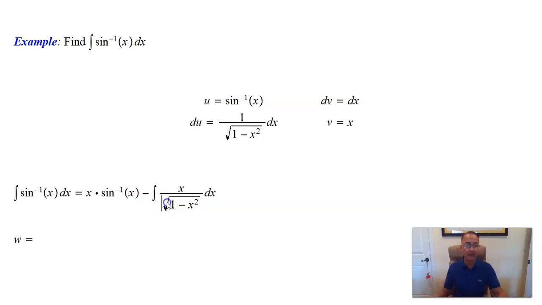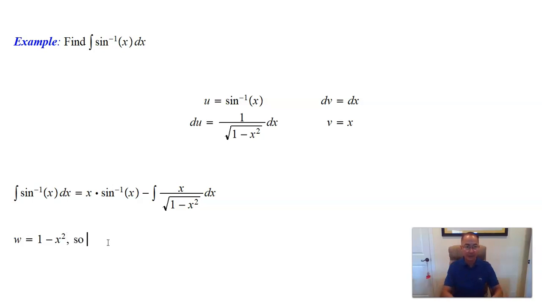We can take the whole thing, square root of 1 minus x squared as our w, or just what is inside, 1 minus x squared. Now remember, our next step is going to be what is dw, and is it going to help us? Well, if we have the square root, the dw will have 1 over 2 radical yuck. Okay, so maybe we're better off using just the 1 minus x squared for our w.